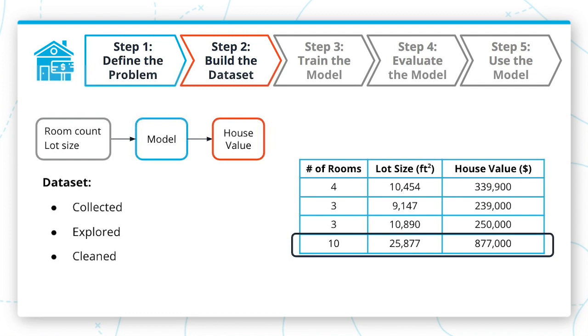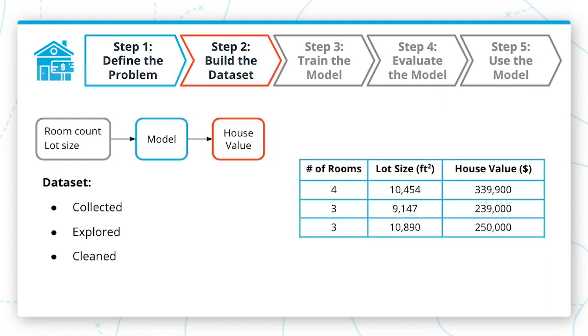You look for things in the dataset such as missing information or maybe an outlier that you don't really care about in your problem, such as a mansion with 10 rooms. You know techniques exist to handle these cases, but for now, you choose to just remove these examples from your dataset.